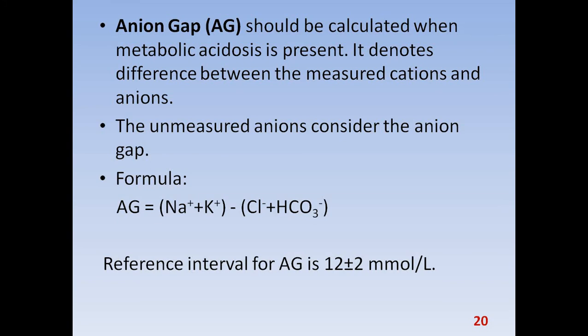The formula is anion gap is equal to sodium plus potassium minus chloride plus bicarbonate. So this is how we will calculate the anion gap. Now the reference level for anion gap is 12 plus or minus 2 millimole per liter.